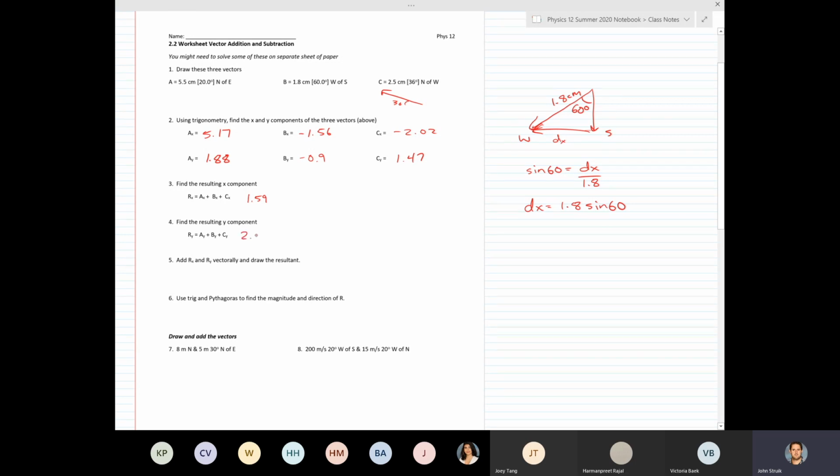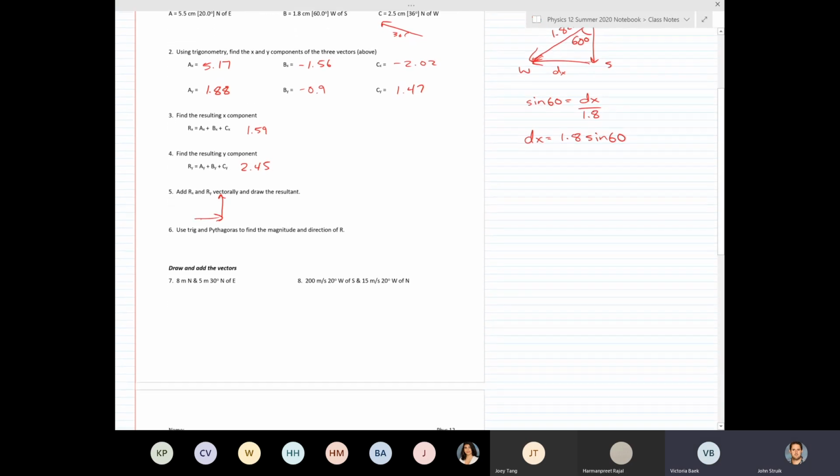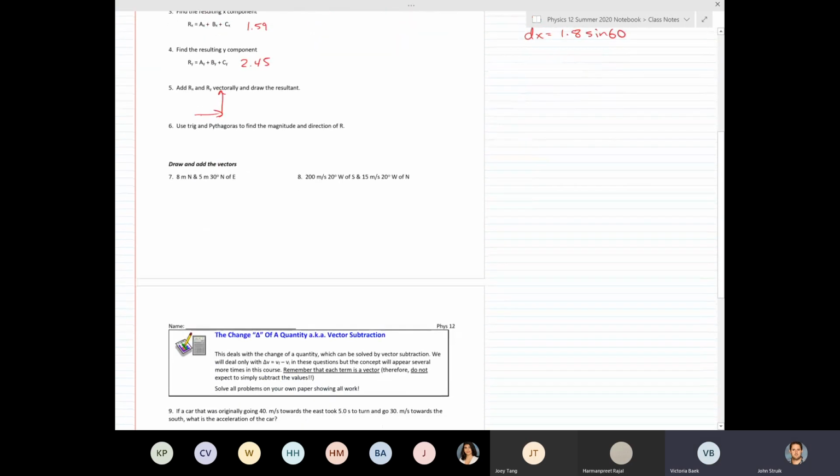This would be 2.45. And then for this one, you just add them together like that. I'm not going to do the rest. Okay, make sense? Yes. Cool. Any other questions?